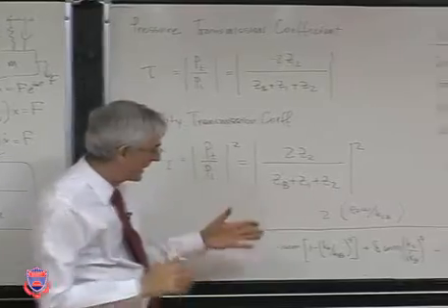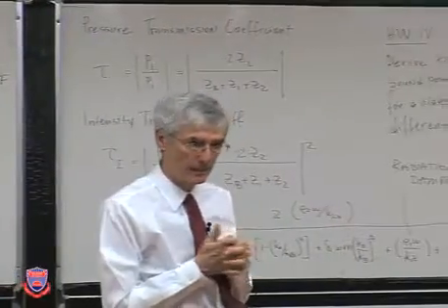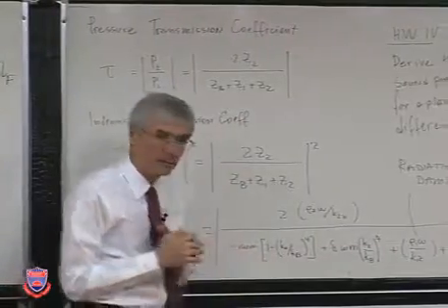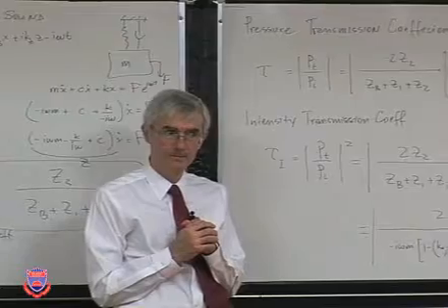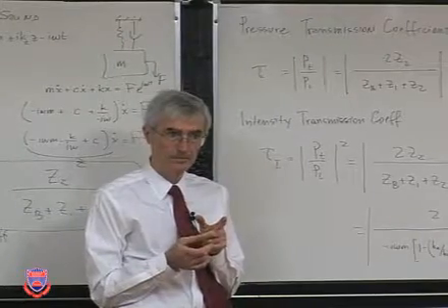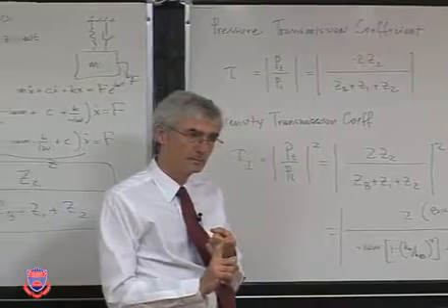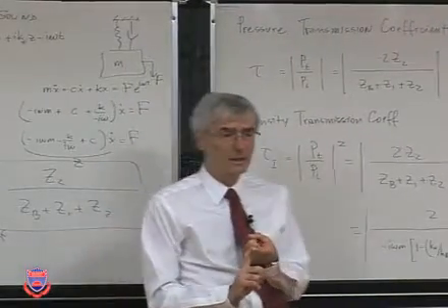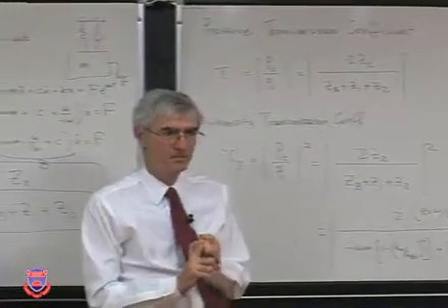Okay? If instead of being a plate, this were a membrane, what would be different? There will be no damping. Membranes can have damping in them, but go ahead. What else?